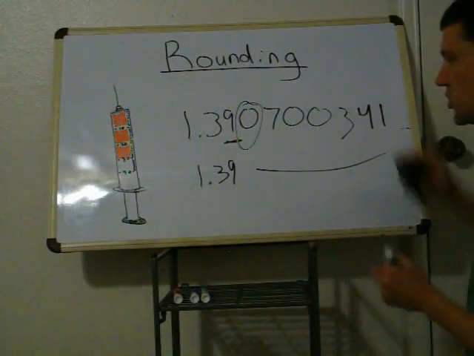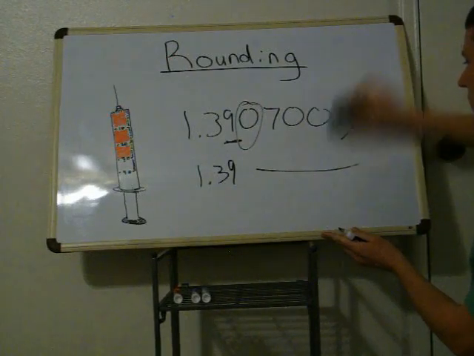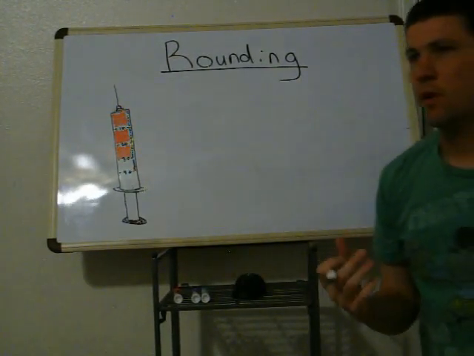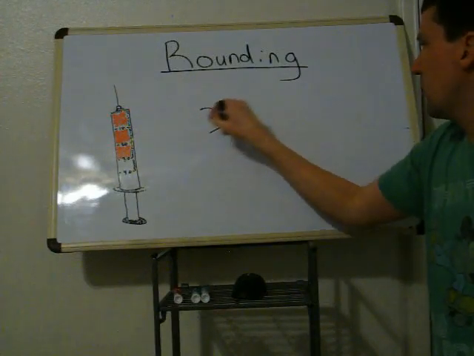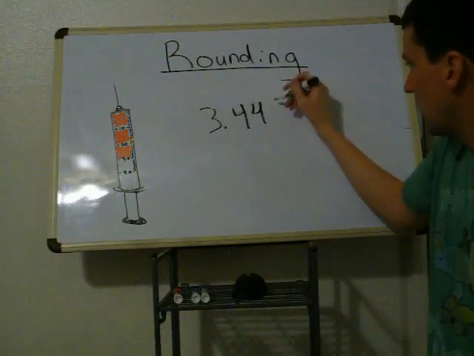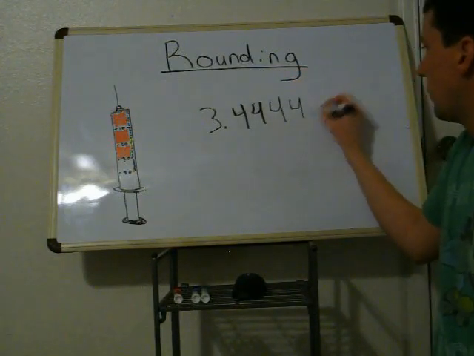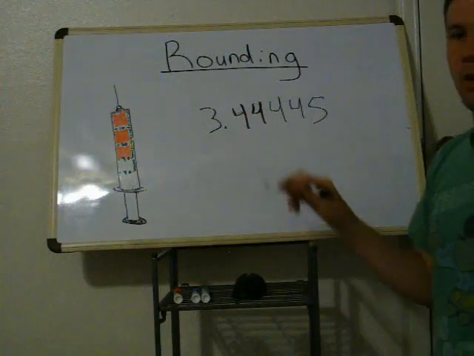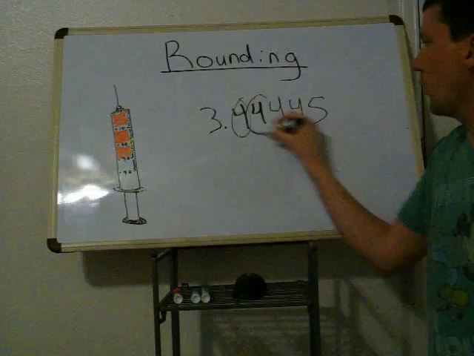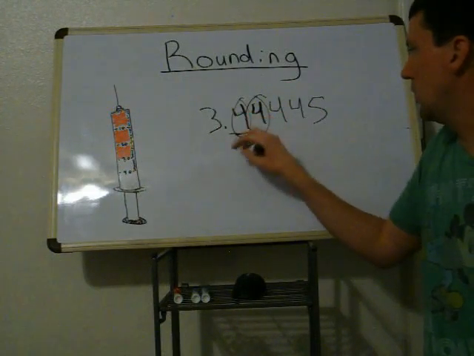One thing you want to make sure you do is that you just round to the one place. So if you have the number 3.44445 and we're rounding to the nearest tenths place, we look at one number over.